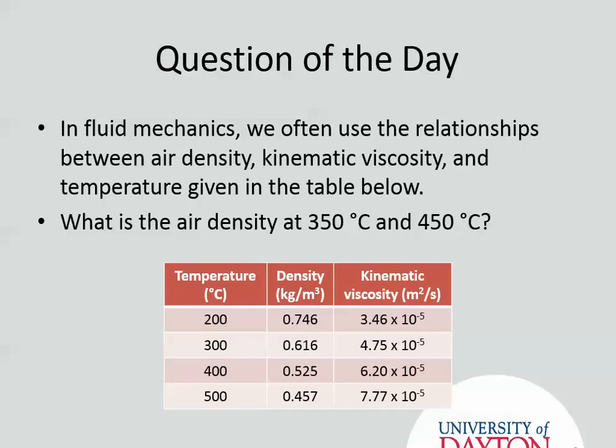What if I wanted to predict the air density at a temperature of, I don't know, 600 degrees? Somewhere way out here on my temperature scale. Do you think that's a good idea or a bad idea? John's shaking his head now. I would concur that that's a bad idea.